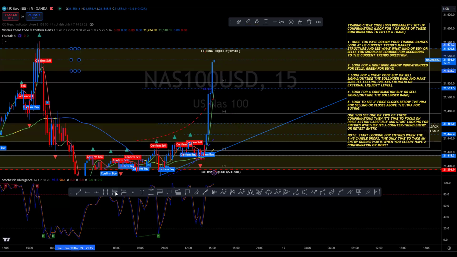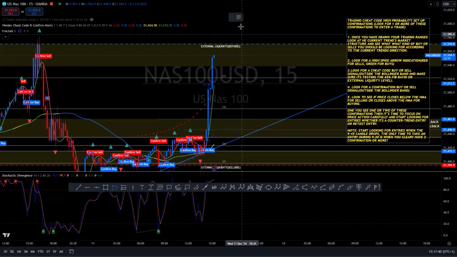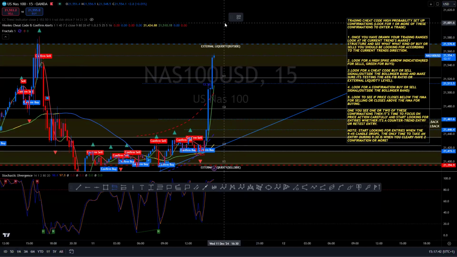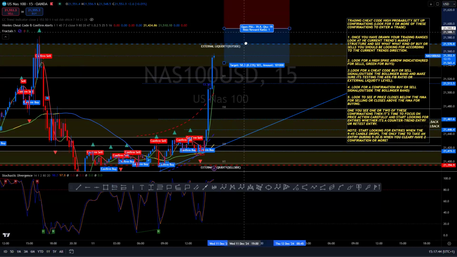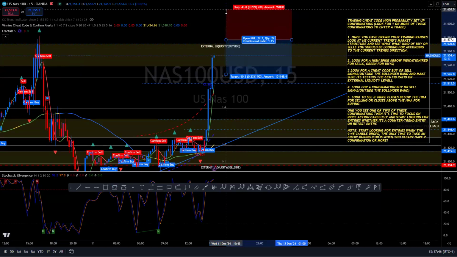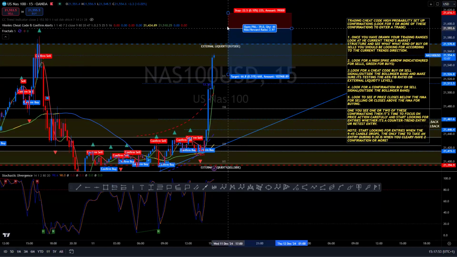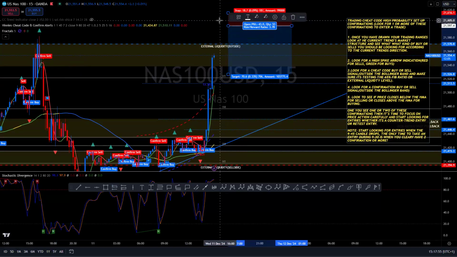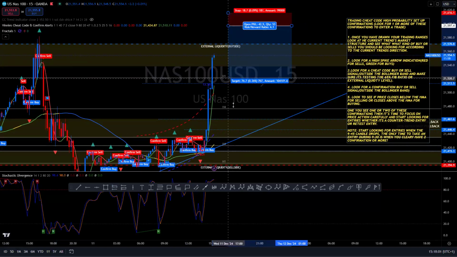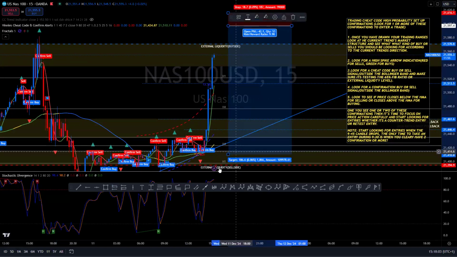So in this instance, I'm looking to sell down from up here. Price wipes out this liquidity, wipes out this liquidity here, comes down and retests this area, then sends it all the way back down and targets this liquidity down here.